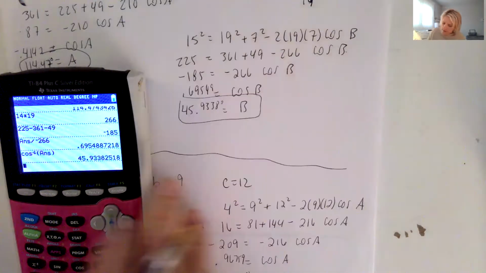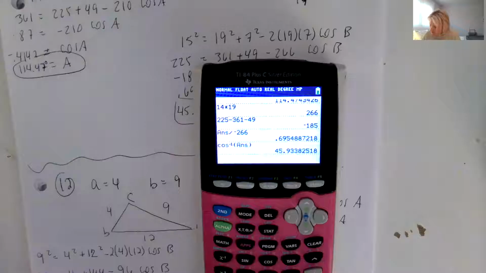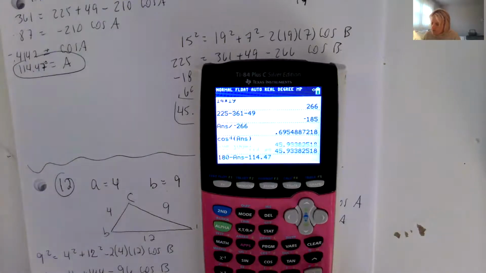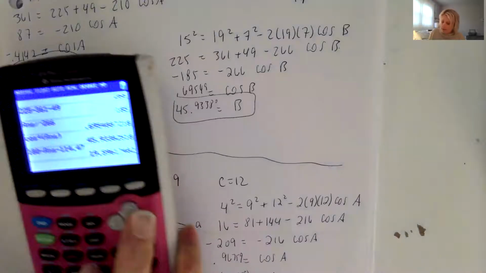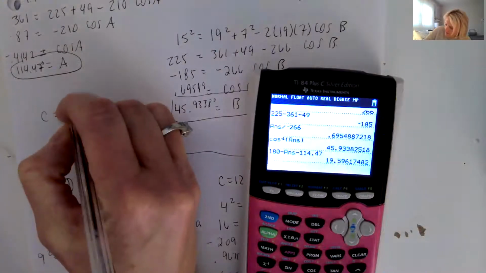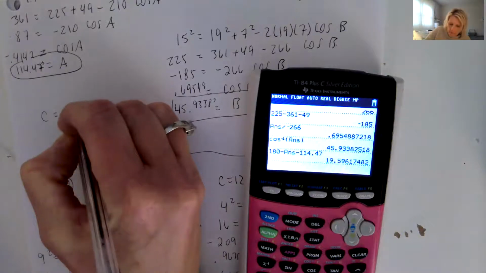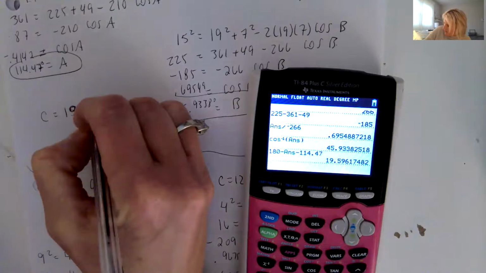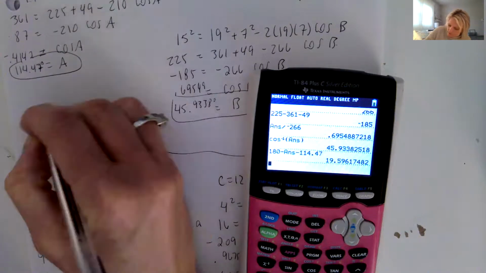Okay, and that means that C is 180 minus that answer minus 114.47. So C is about 19.596 degrees.